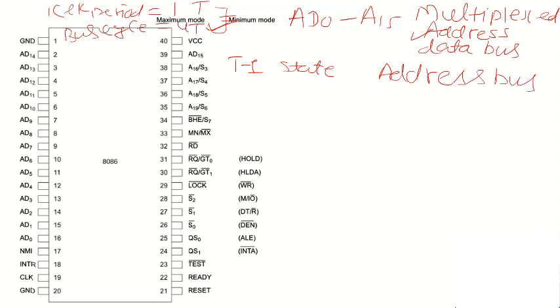So AD0 to AD15, this is AD15. AD0 to AD15 will carry the address in the first T state.